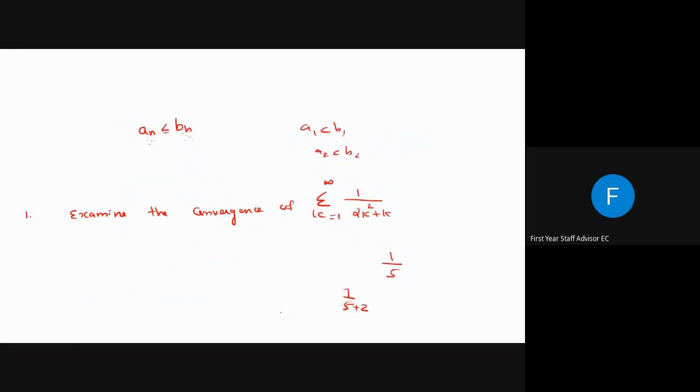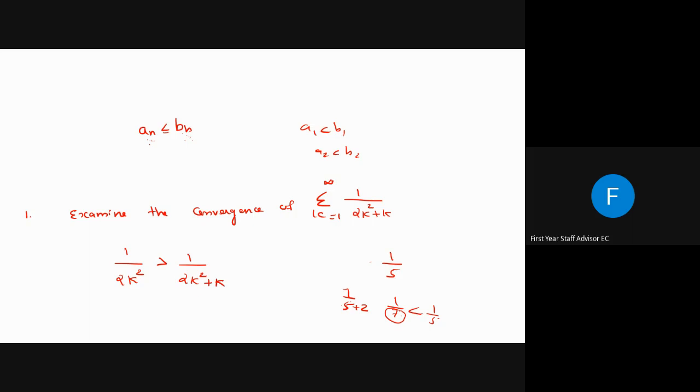Which is bigger? This is bigger. 1 by 7 is less than 1 by 5. When the denominator increases, the value decreases. That means here 1 by 2k square is greater than 1 by 2k square plus k.